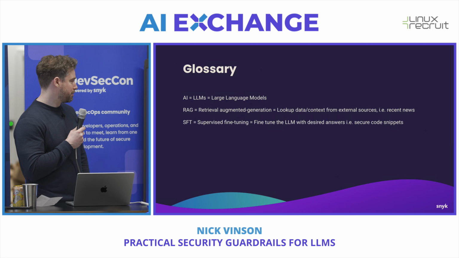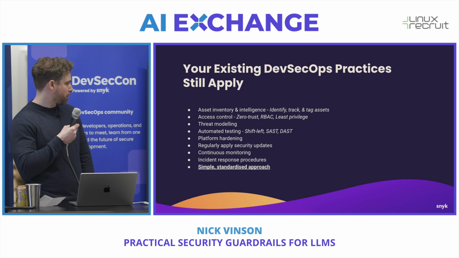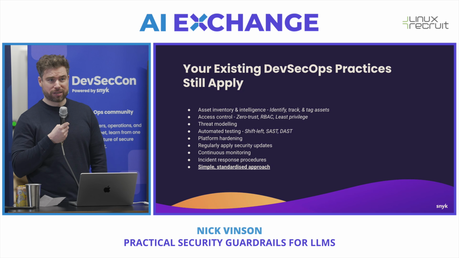If you're introducing these systems, you still need to be making sure you're identifying them, tracking them, tagging them in your asset inventory systems, getting some asset classification around them, carrying out threat modeling, identifying what your system-specific requirements are and what the specific security requirements and controls are to protect against any new threats there. Similarly, introducing security testing, doing all your platform hardening on the environment where they're residing in, making sure you're doing all the good stuff like regular updates, and that you've got good protective monitoring and incident response processes in place.